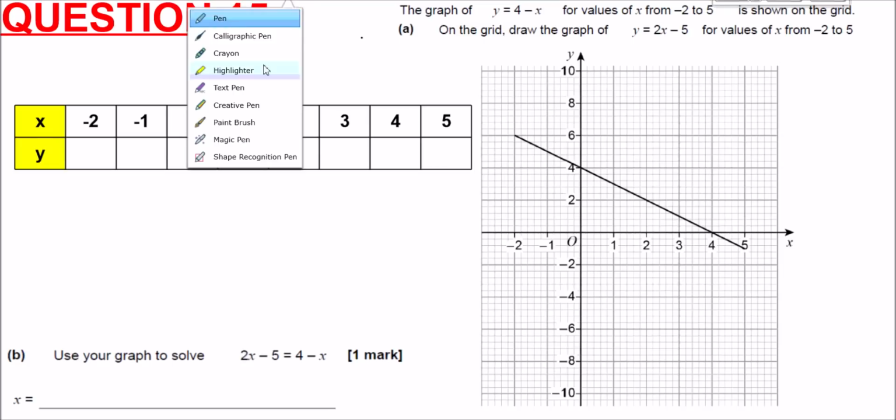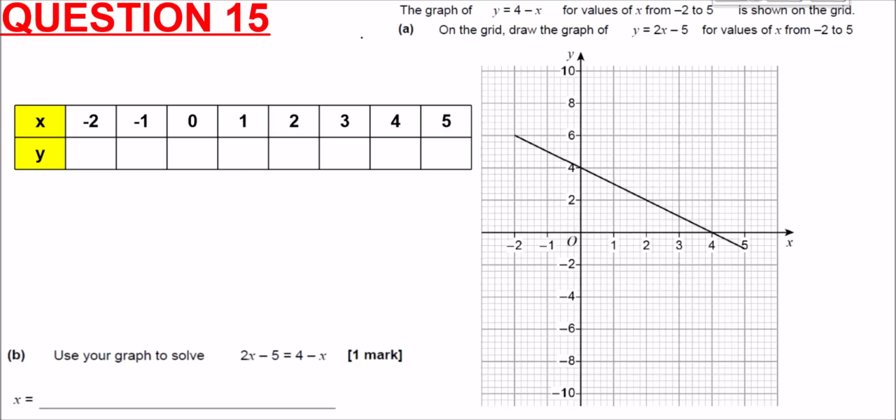And so, just to make it clear, we've been given one graph already. The one we've been given is y equals 4 minus x, which is this one. I'm just going to colour it in yellow here. The one we need to plot now is y equals 2x minus 5.